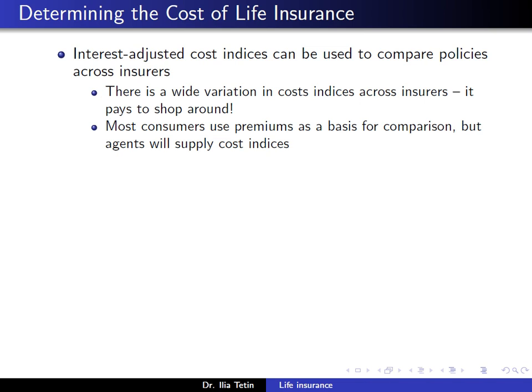Other factors should be considered as well. The type of policy you buy should not be based solely on a cost index. You should buy the type of policy that best meets your needs, such as term, whole life, or some combination. Once you have decided on the type of policy, then compare costs.